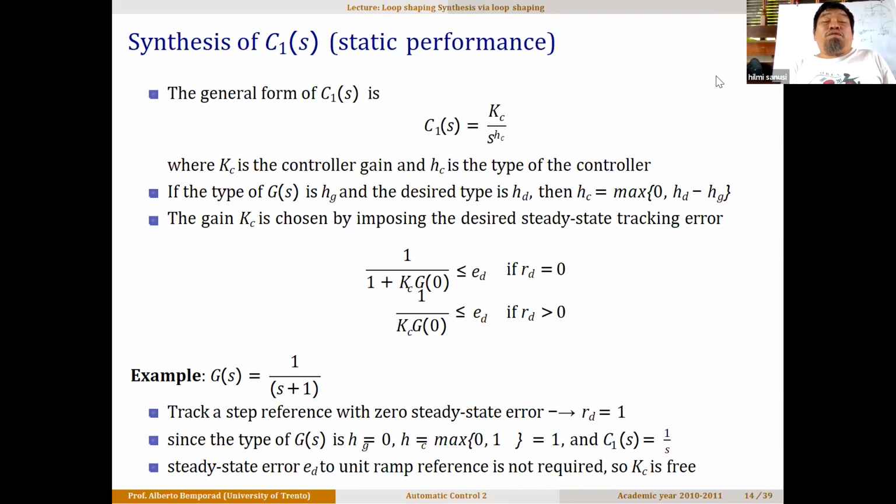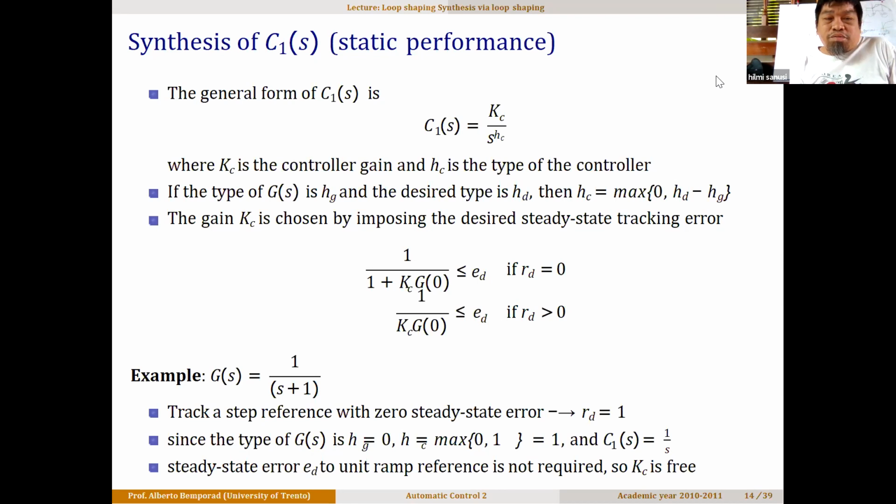So in general form, kita punya C1, which is the static punya controller, kita nak the gain of our static controller and H to be the type of controller.